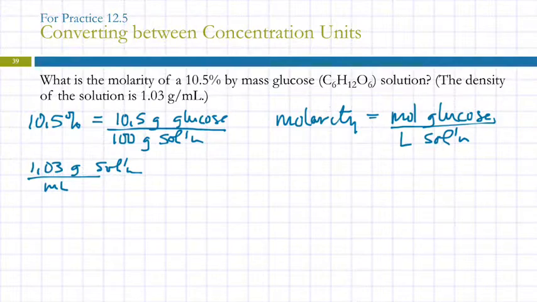So we can go from grams of glucose to moles of glucose. That involves molar mass. And grams of solution to liters of solution, I'm given the density, so I can go from grams to milliliters and then to liters. This is like one of those problems from one of the early worksheets where we had miles per hour converting to meters per second.